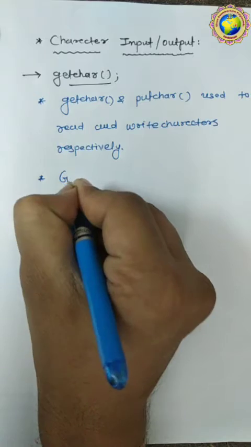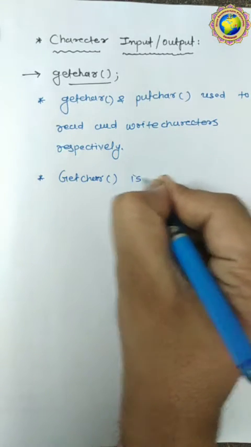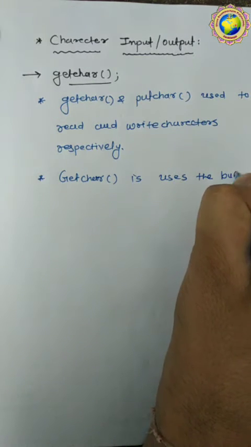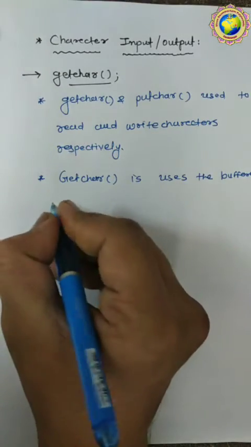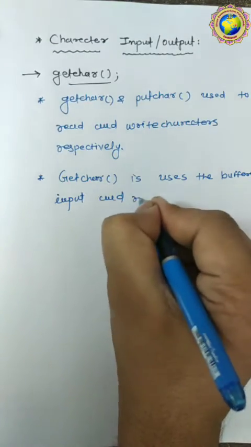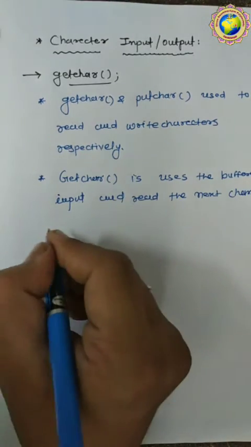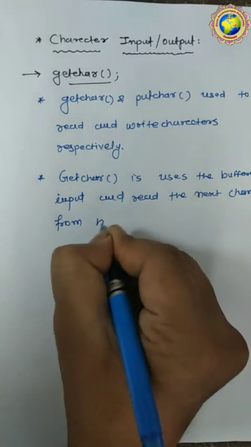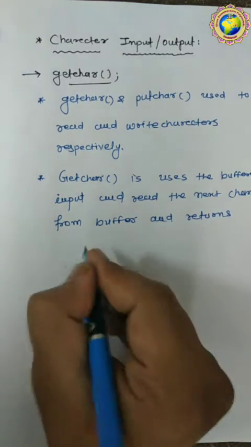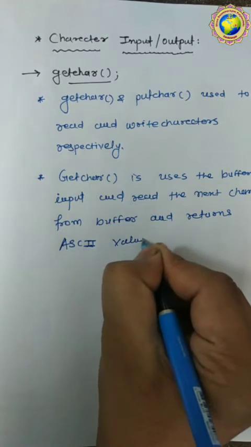The getchar function uses buffered input, reads the next character from the buffer, and returns its ASCII value.